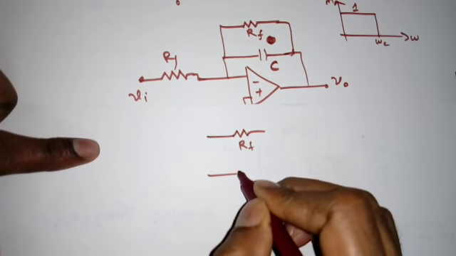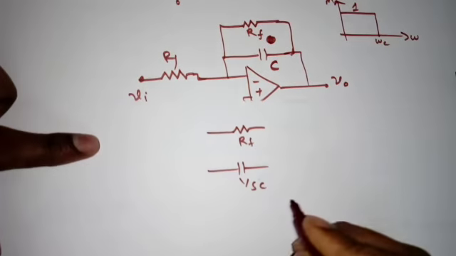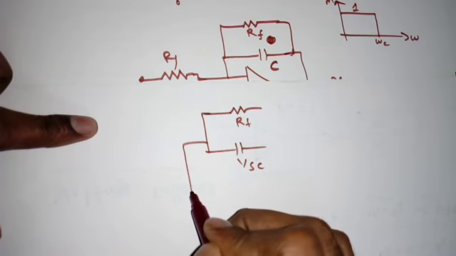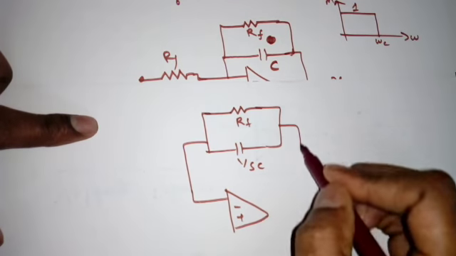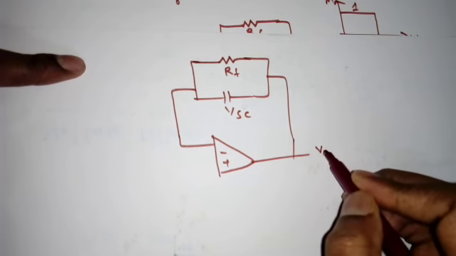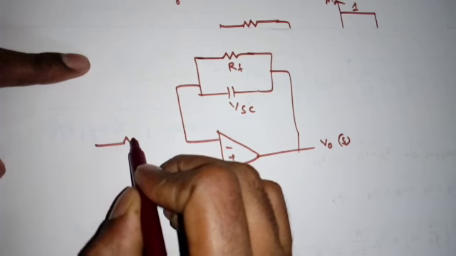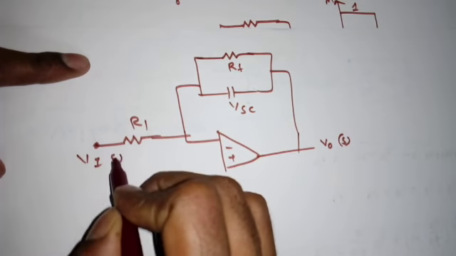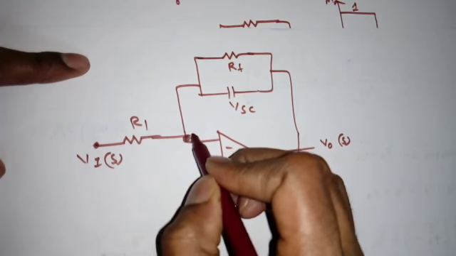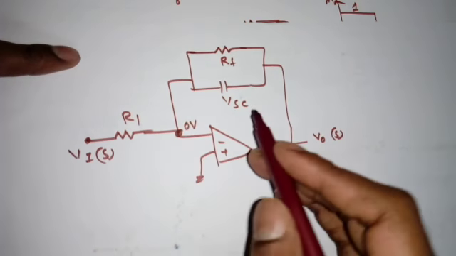RF. So here capacitor 1 by SC. I can make it like this, minus, plus. This is V naught of S. This is R1, Vi of S, and this is grounded here, 0 volts, by virtual ground concept.